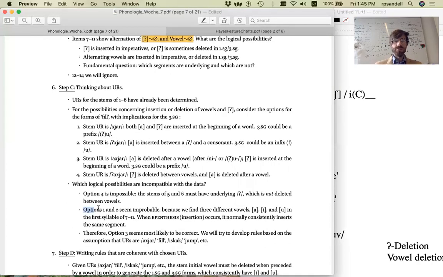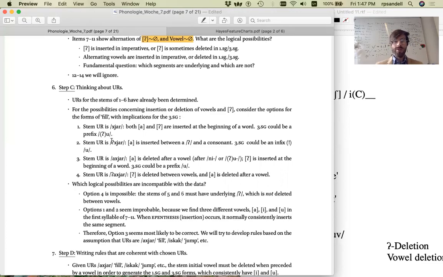Considering our other options, hypotheses 1 and 2 seem rather improbable because we find 3 different vowels in the first syllable of numbers 7 through 11. But when languages have epenthesis processes that insert vowels, normally they consistently insert the same segment.